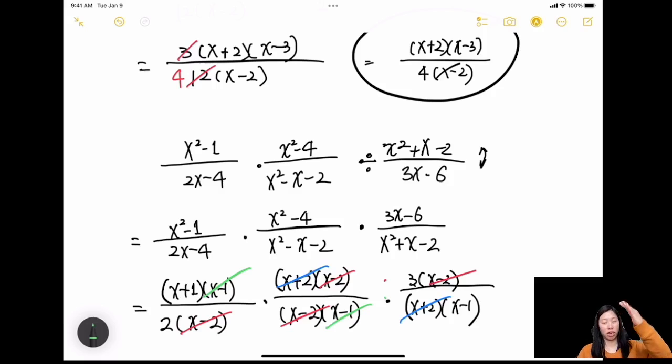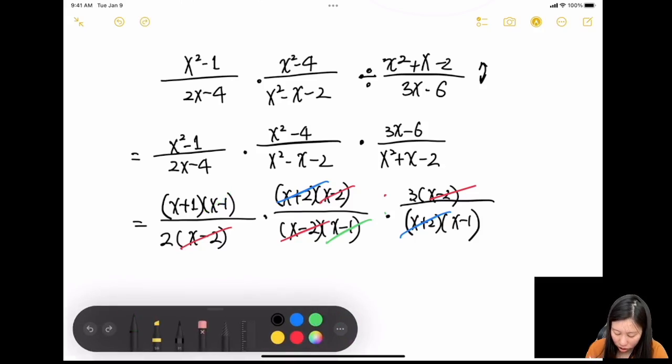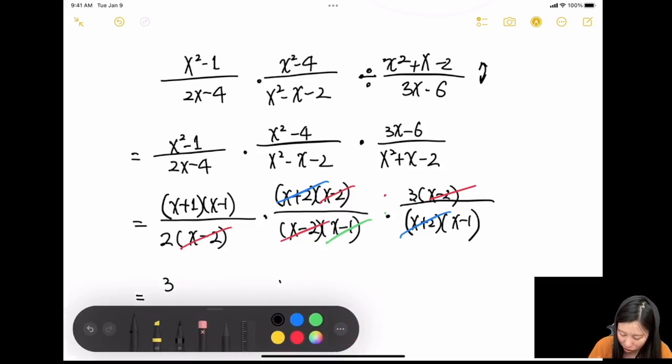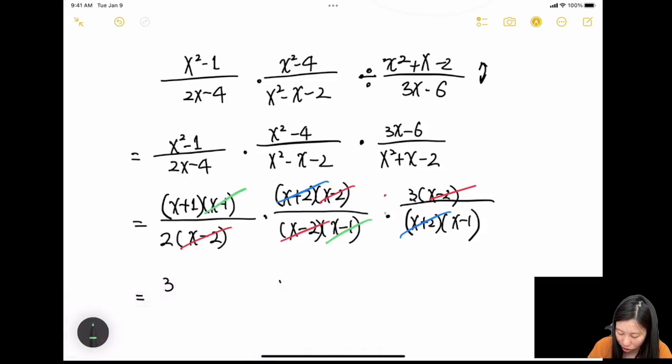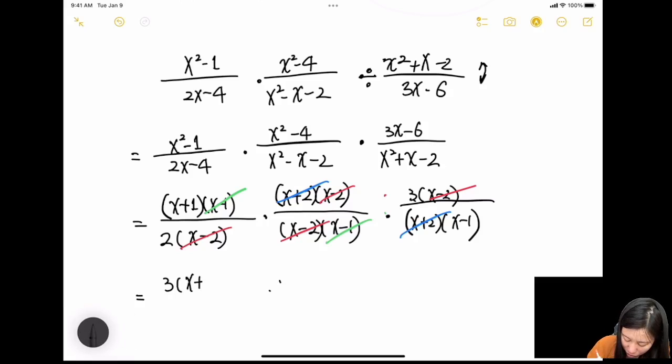When you cross cancel, it has to be one on the numerator and the other one in the denominator. Okay, so that's all we have left, which is 3 times, oh, we're missing x minus 1 in here. So what we have left is 3 times x plus 1 over 2 times x minus 1.